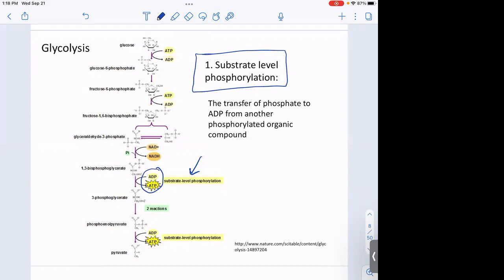And then phosphoenolpyruvate has another phosphate that gets added to ADP to make ATP. So 2 examples of substrate level phosphorylation there. This happens during glycolysis as well as during the Krebs cycle. And we're going to look more closely at those pathways in a little bit.